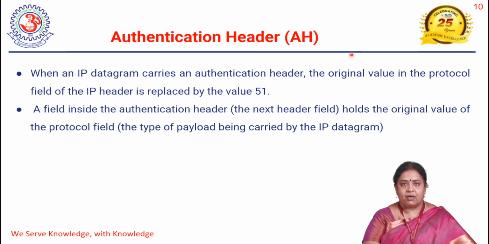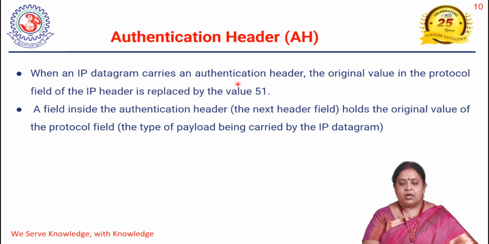As you are aware, in the network layer, that is in the IP packet header, there is a field called the protocol field. In the protocol field, it specifies what the packet is carrying. So, if the packet is carrying the authentication header, the value will be 51.